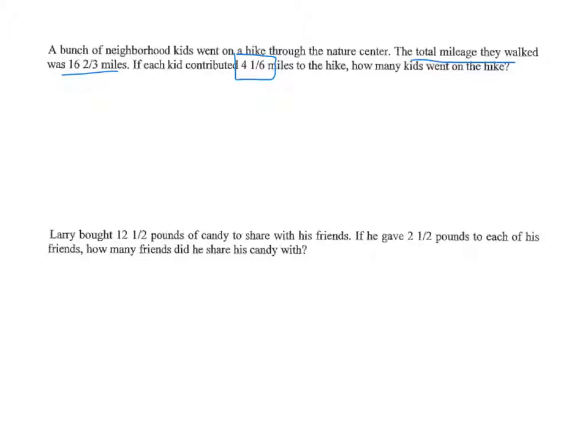So what we're trying to figure out is how many times does 4 1/6 go into 16 2/3? So I'm going to write that as a division problem. 16 2/3 divided by 4 1/6. And I don't see anything I can reduce, so I'm going to go ahead and rewrite this as improper.